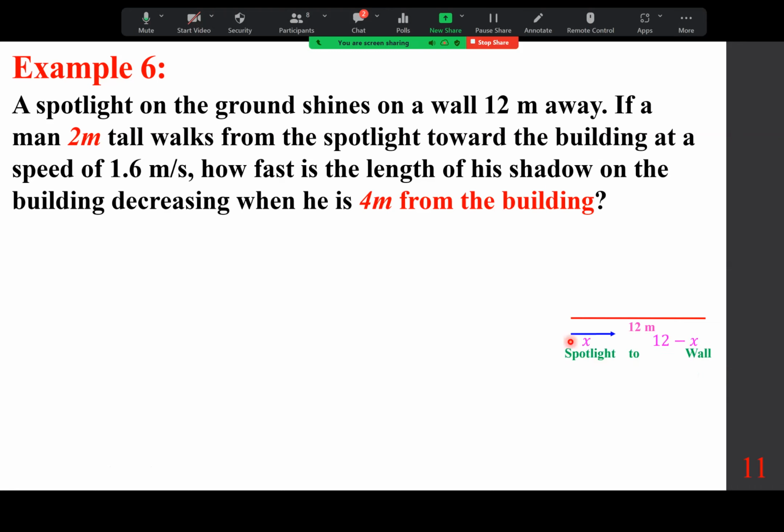And that creates some distance of x. The difference here is 12 minus x. And here's the setup. Here's the light, here's the wall, here's the man, 2 meters tall. This is 12 meters away.